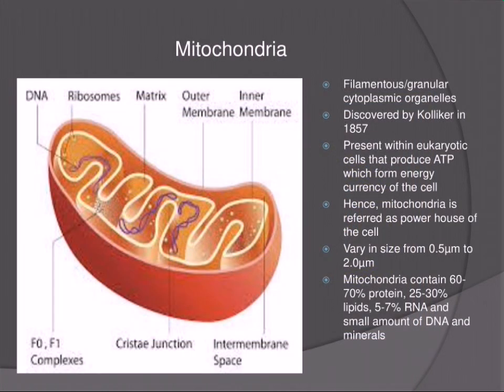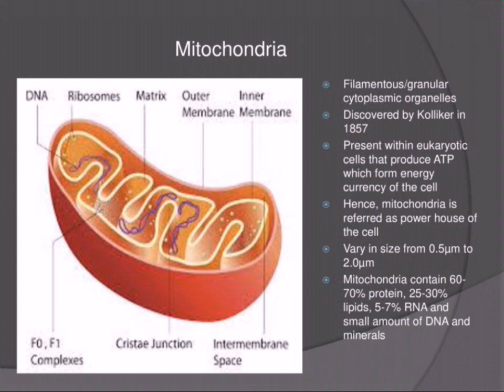Mitochondria are filamentous or granular cytoplasmic organelles, meaning, you all know cytoplasm. If we take a cell, there will be a nucleus surrounded by cytoplasm. So mitochondria will be present in the cytoplasm, and it is an organelle.